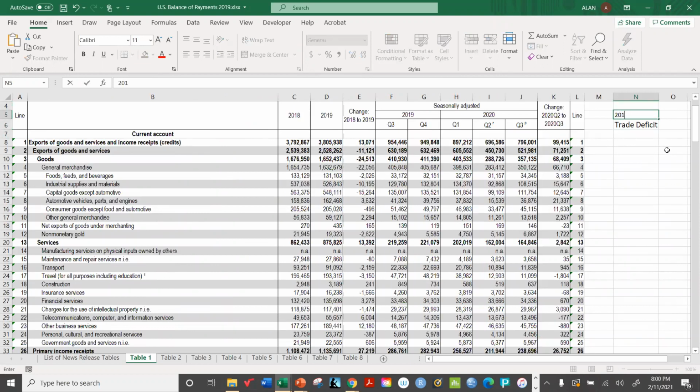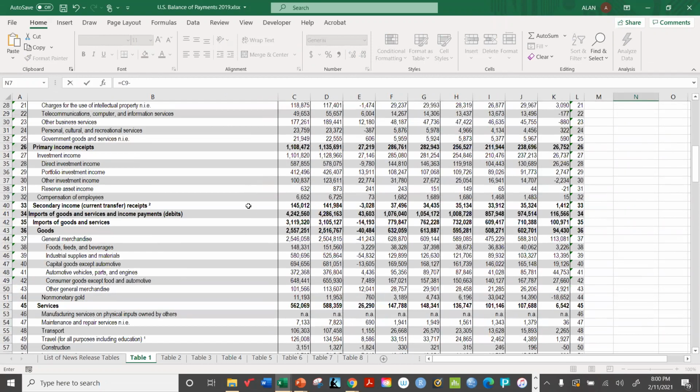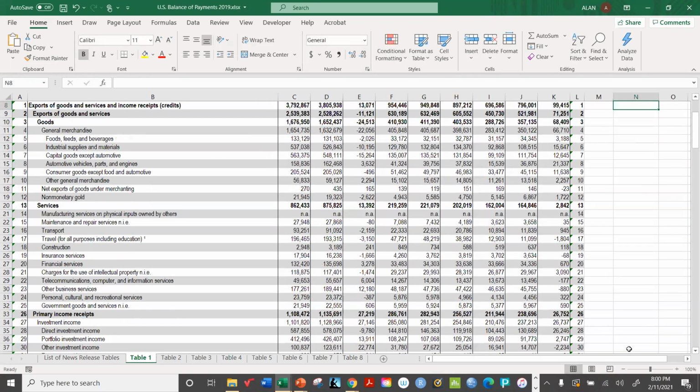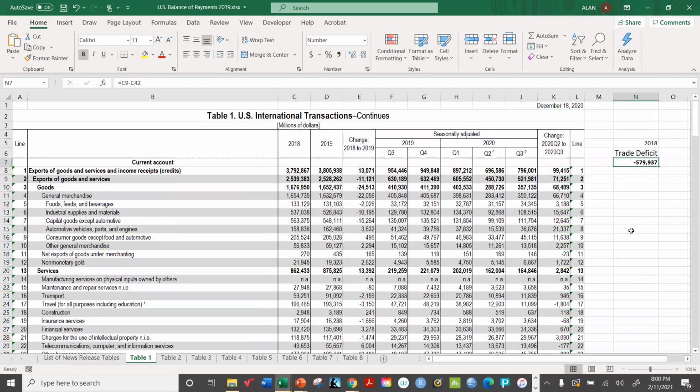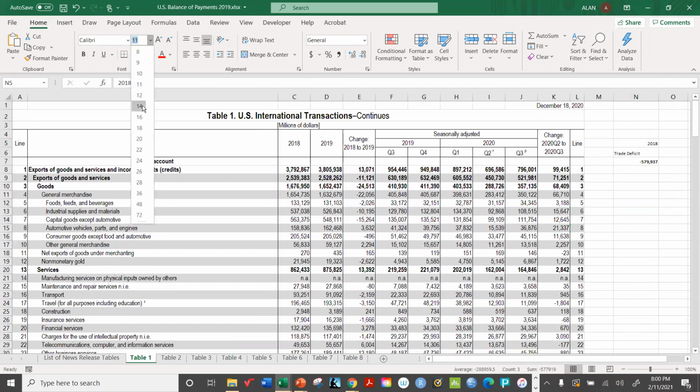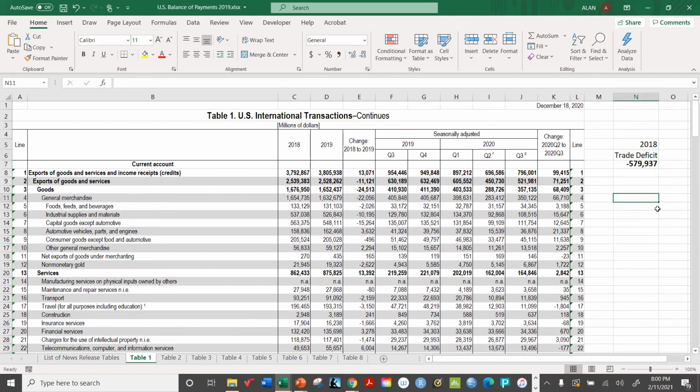The 2018 trade deficit would have been about, let's see, exports of goods and services minus imports of goods and services, about, no, it's almost $600 billion. Huh. That sounds like a lot of money, doesn't it? But that's pretty normal for the United States, at least in the last couple of decades. That's pushing up towards $600 billion in one year.